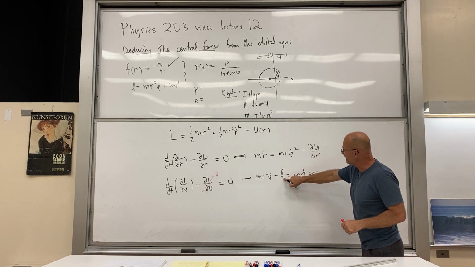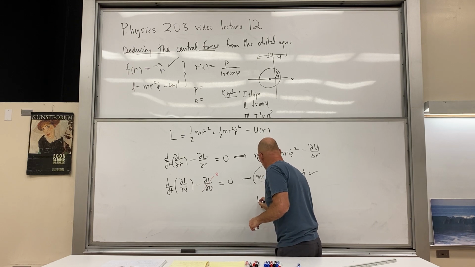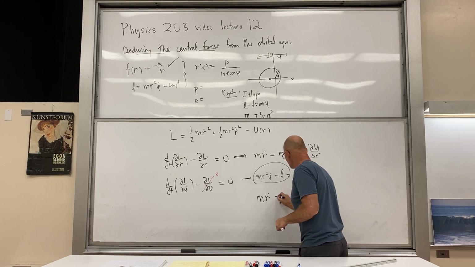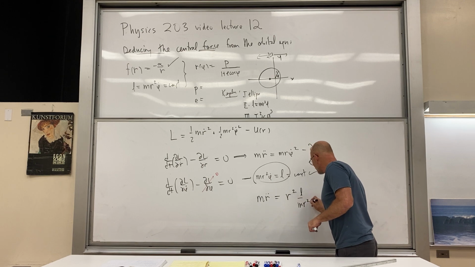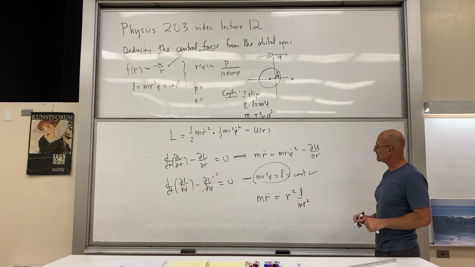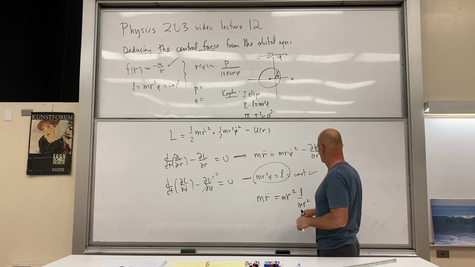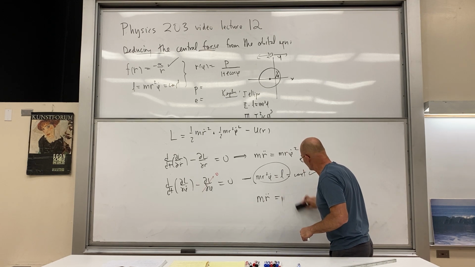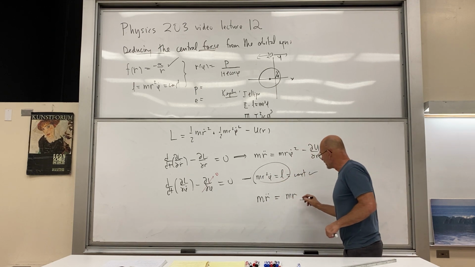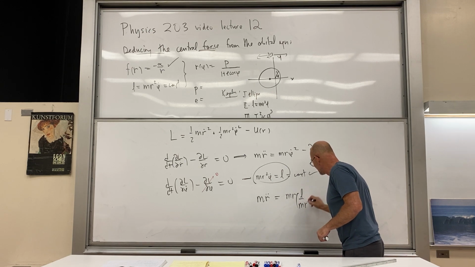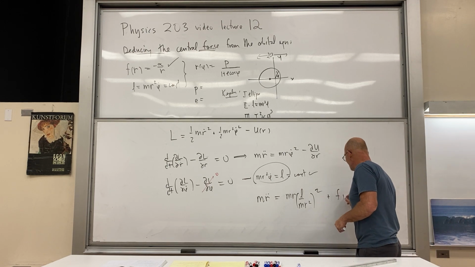So we now can take this expression, we're going to use this, of course, into that first line: m r double dot equals m r times phi dot squared, where phi dot is L over m r squared. So L over m r squared, quantity squared, plus the f of r.